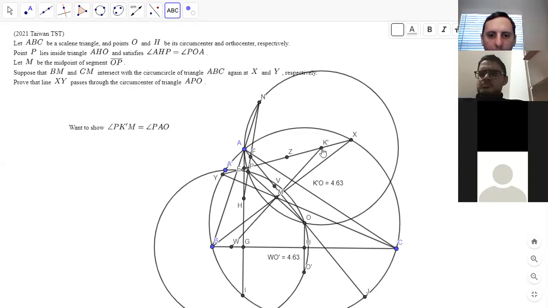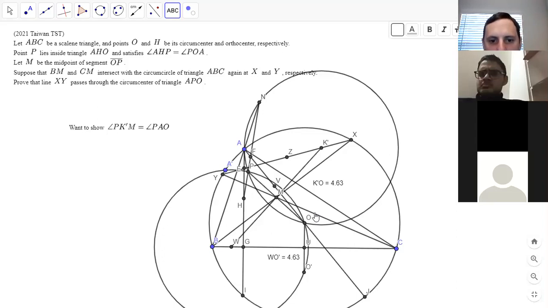Are we defining K prime as the perpendicular from M cutting XY? Okay, so how do you know it's a rhombus? Because MK prime is equal to MW by the butterfly theorem. Yeah, butterfly theorem, Malik said.